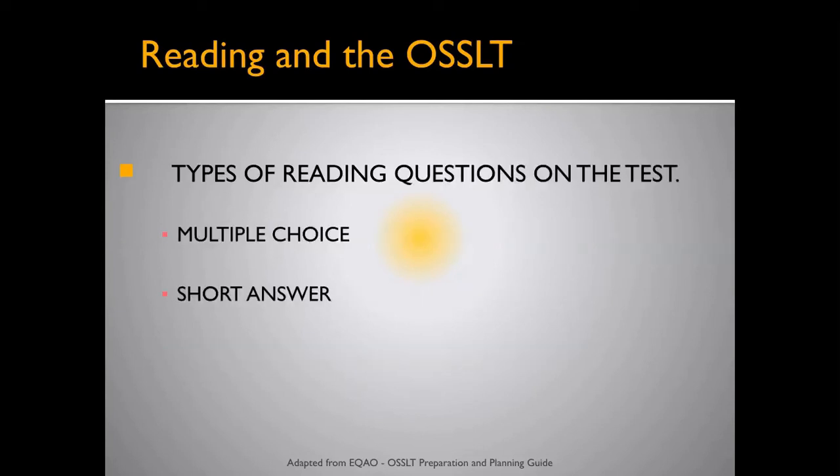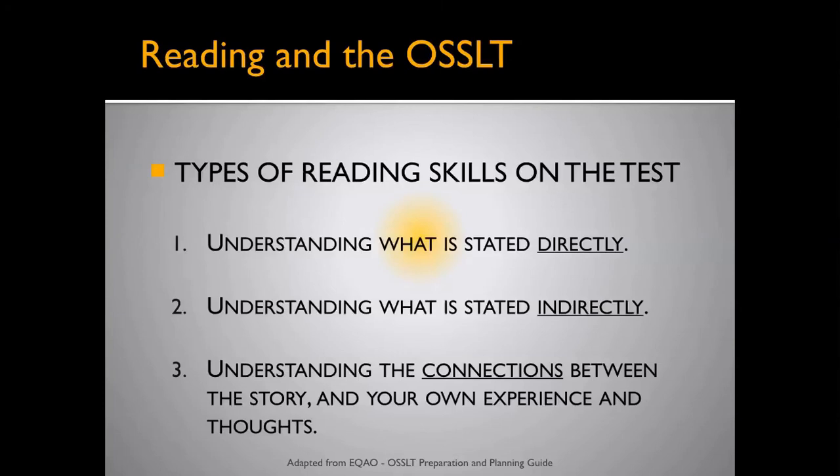The types of reading questions on the test, the types of things they're going to ask you, are multiple choice and short answer. So that could be a multiple choice question about a text that you've read, whether it be a story or a news story, or a short answer question about that story or that graphic text that you read.